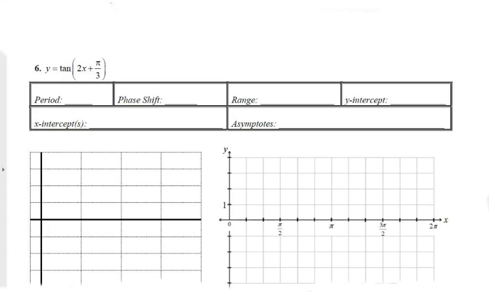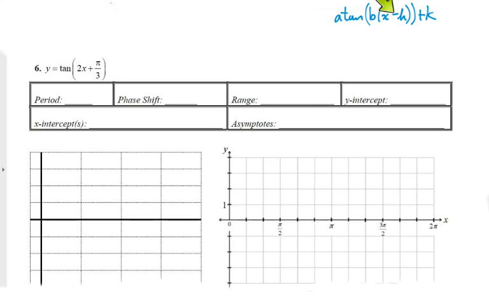There are 4 different numbers that can act on a tangent function that will change the way the function looks. There's the a that multiplies the tangent, the b that multiplies the x, and the h. The h moves or shifts the function horizontally.